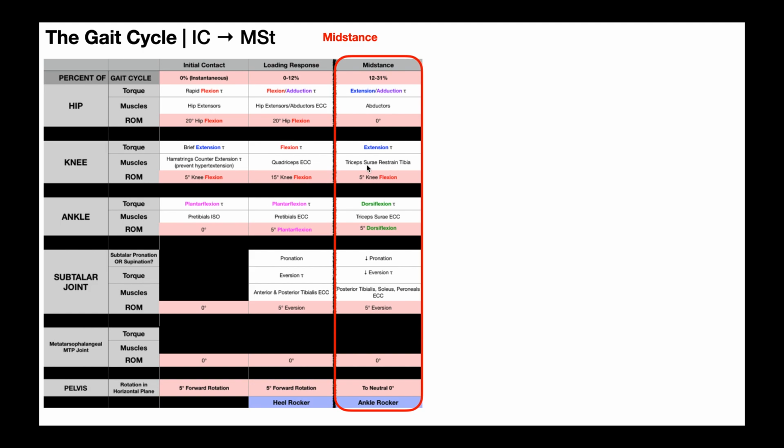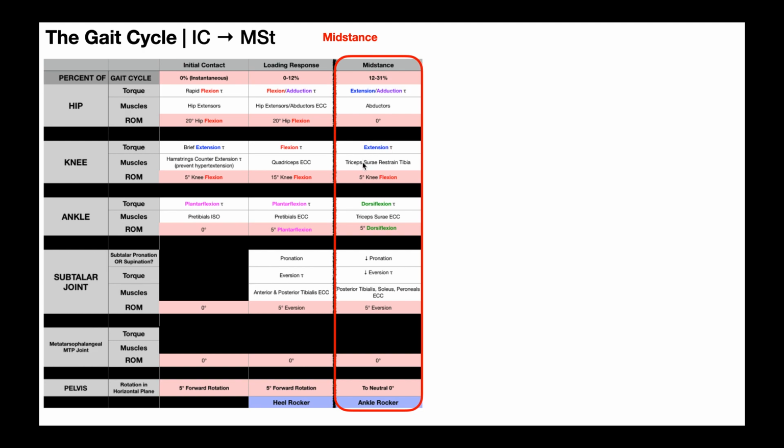The gastrocnemius, not the soleus, is a knee flexor. Okay? So actually, this extension torque at the knee is countered by the triceps surae, and particularly the gastrocnemius. And so we basically have controlled knee extension in midstance. And so we go from 15 degrees of knee flexion to only 5 degrees of knee flexion due to that extension torque.